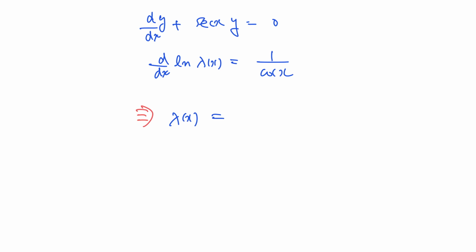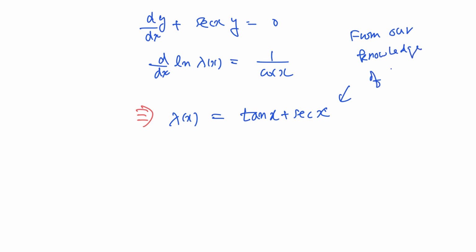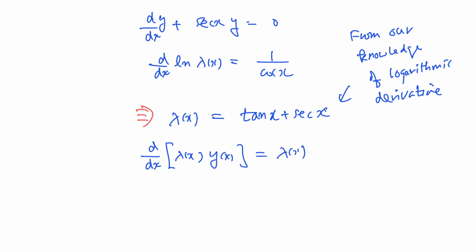We know that from our knowledge of logarithmic derivatives. Then the right side times 0 is equal to 0, right?